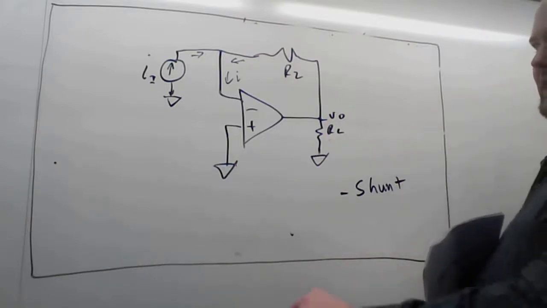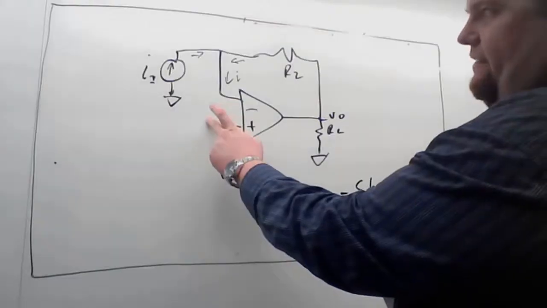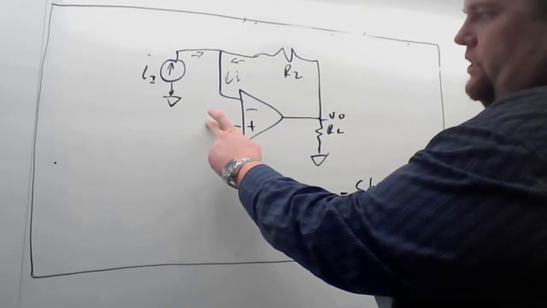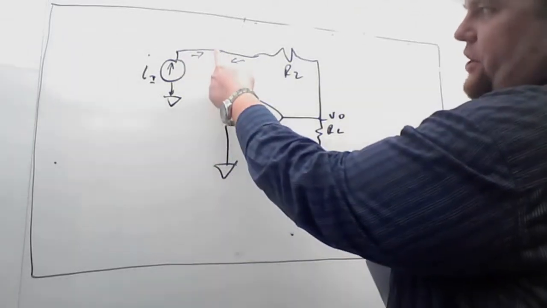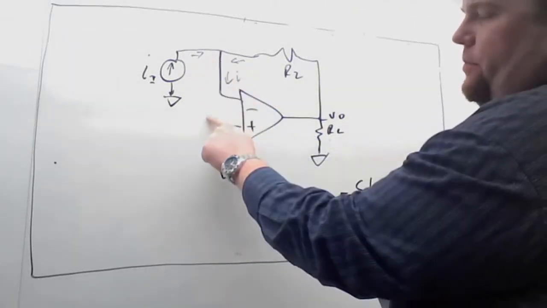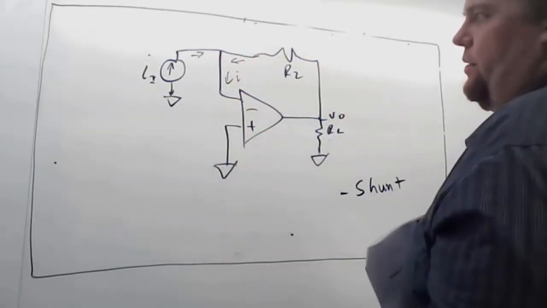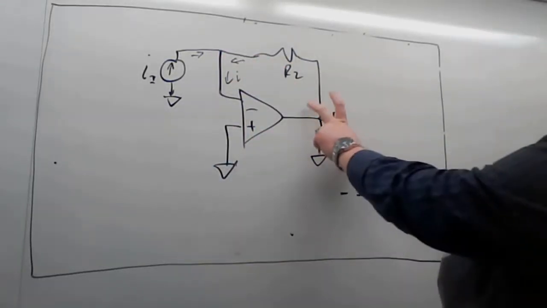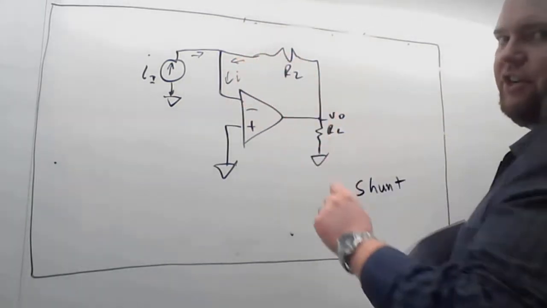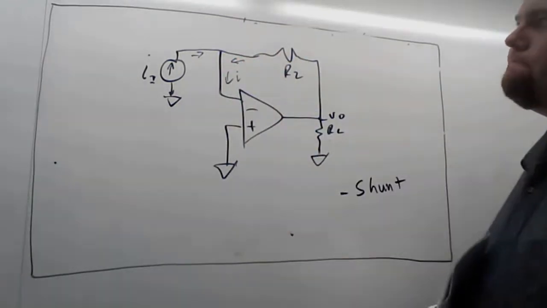Another way to describe this is that we have a current flowing into this node. This node is driven to zero by the amplifier configuration, so this output is going to produce a certain current, which is going to match this input current.